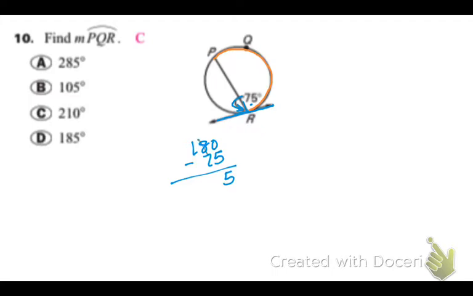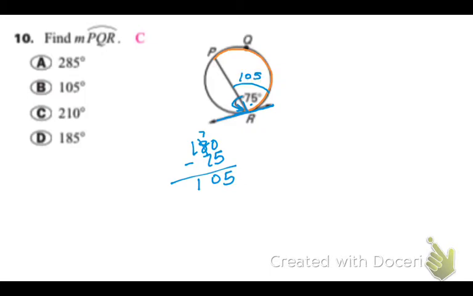10 to the 5 is 5, 7. Okay, so it ends up with 105. And now we know that this angle here is equal to 105.